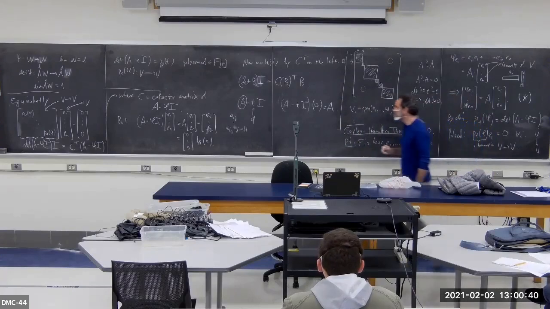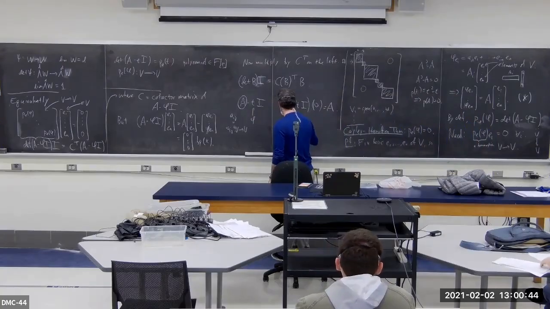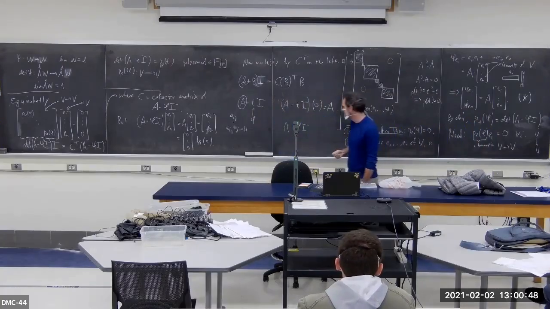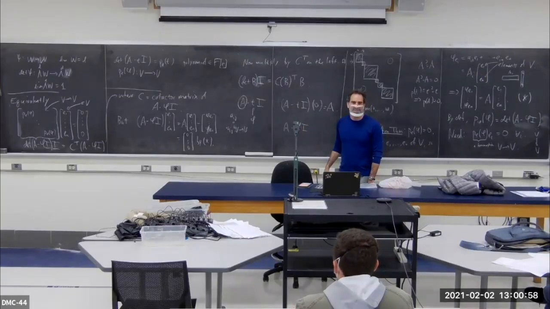So if you were willing to believe that A minus phi is a matrix whose entries are linear transformations, then if phi is the 0 map, you should still believe that A is a matrix whose entries are linear transformations. Okay, thank you. That helps.